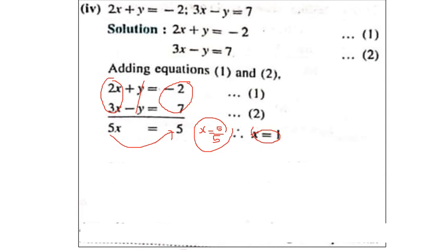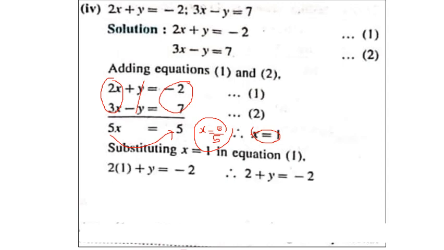So if value of x is 1, let us substitute the same in equation 1 and find the value of y. So the first equation is with least coefficient. So 2x plus y is equal to minus 2. In place of x, we are going to substitute 1.